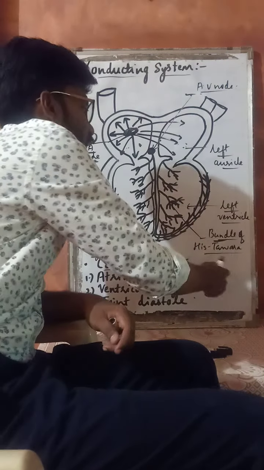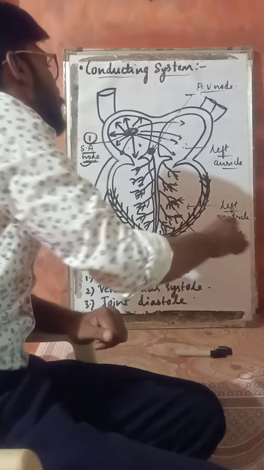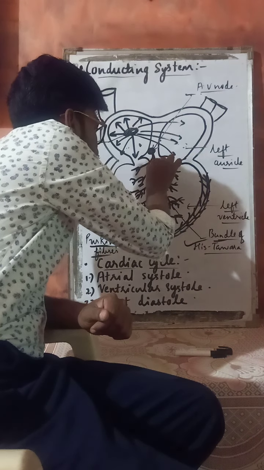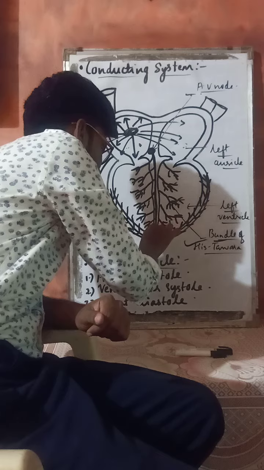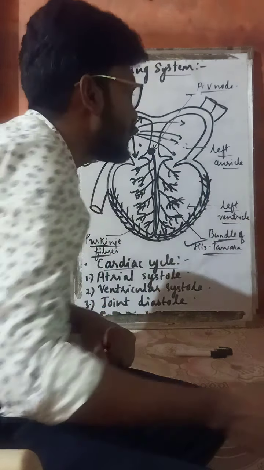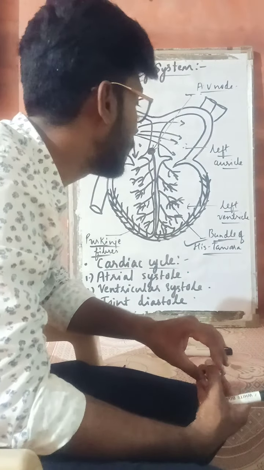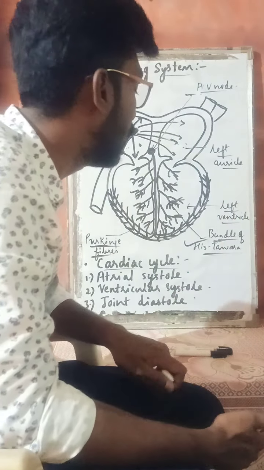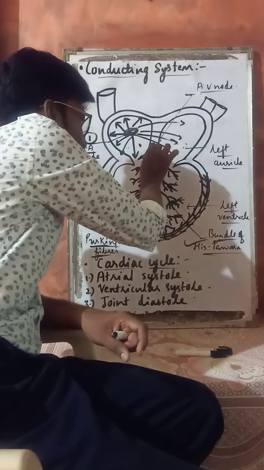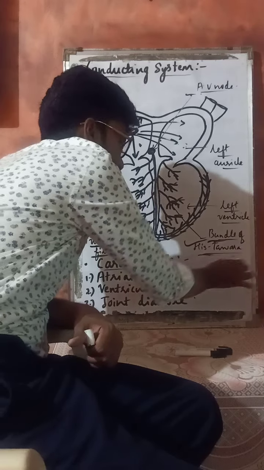Okay. Third one is called bundle of His Tawara. Now from the AV node, a bundle of fiber arises, and this bundle of fiber is called bundle of His Tawara. His Tawara was the name of the scientist, so according to the name of the scientist, it is called bundle of His Tawara.